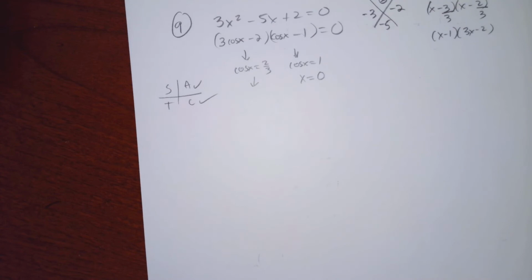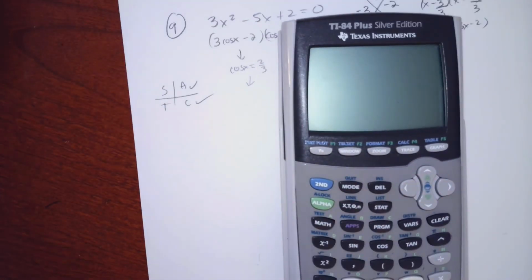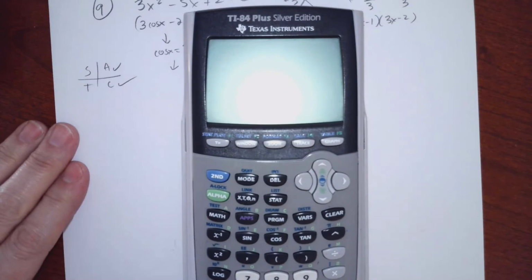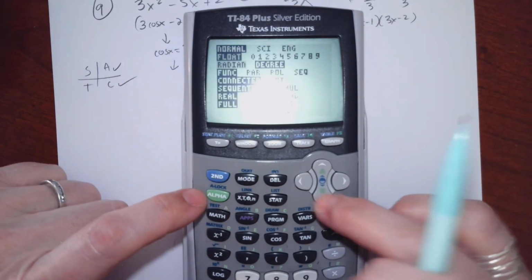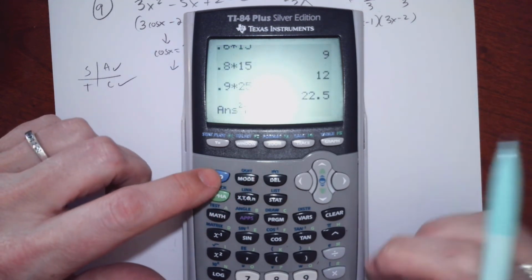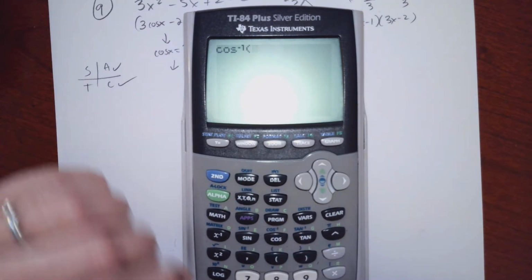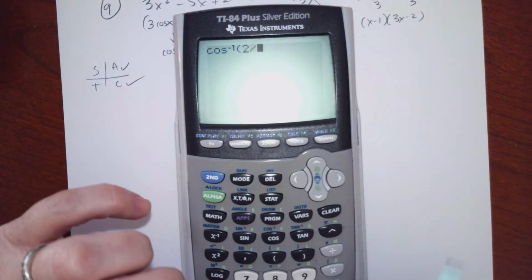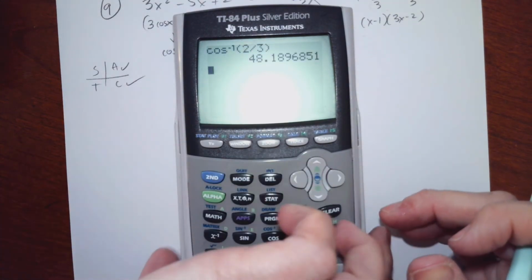So I'm going to grab my calculator and go ahead and see when the cosine is 2/3. So I have to do inverse cosine of 2/3. Well, actually, let me do degrees first, and then I'll show you in radians. So second cosine of 2/3. So that's 48 degrees, we'll say.